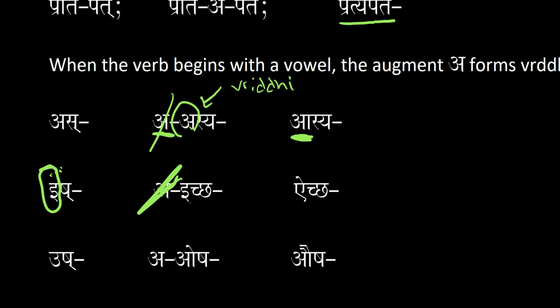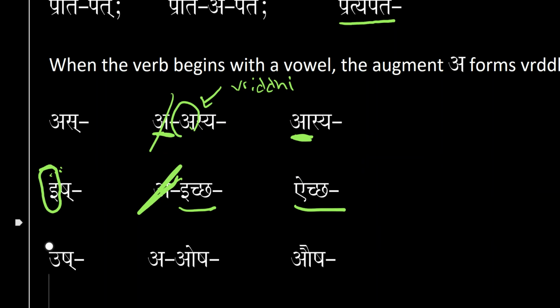So then, instead of icchati, instead of iccha and then adding your termination endings like you do in the present tense, when 'i' takes vridhi, it turns into 'ai', so you have aiccha instead, and then you're going to add your termination endings for the imperfect tense.